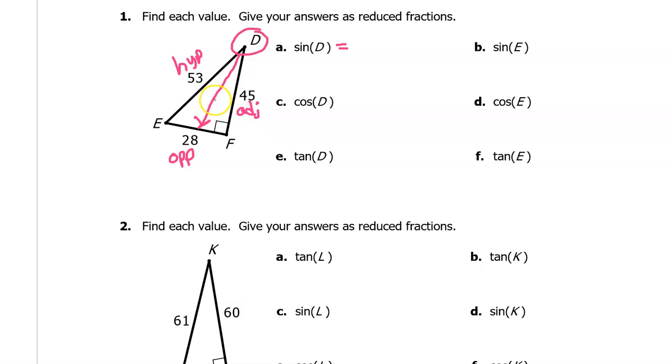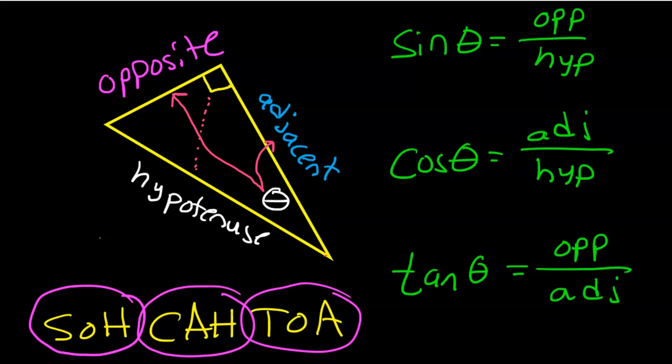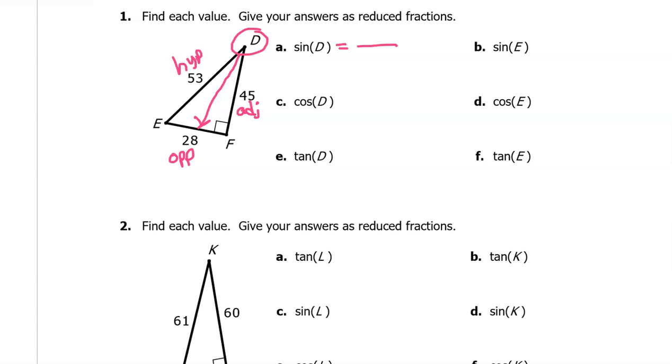So now that we've labeled opposite, adjacent, and hypotenuse, we can jump in. Remember that sine is opposite over hypotenuse. So that's going to be 28 over 53 in this particular case.